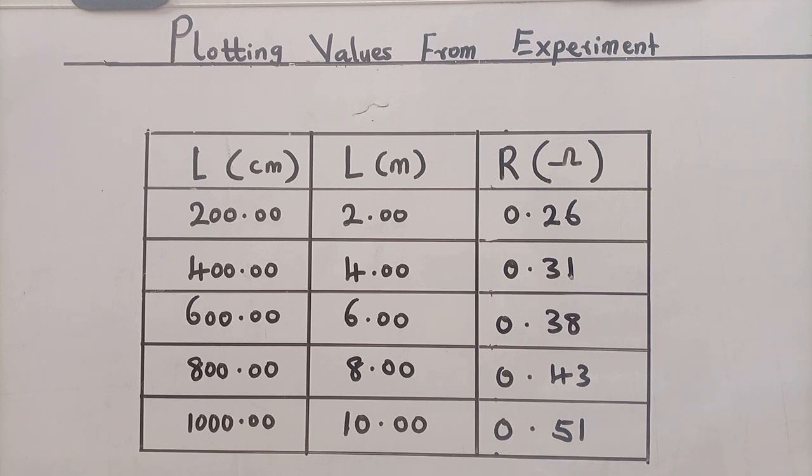If you check using the style I told you before, you will discover that it is not easy to tell the formula connecting the length and resistance just with this table. Because of that, we are going to resort to plotting the values of L and R on graph. Afterwards, by means of intercept and slope, that is, if we get a straight line graph, we get a formula connecting the L and R. Let us continue.